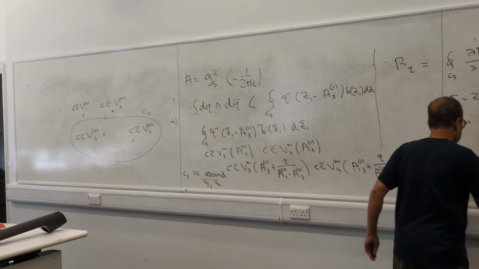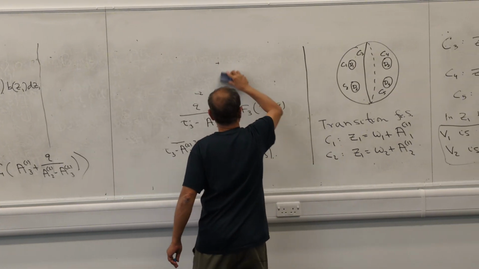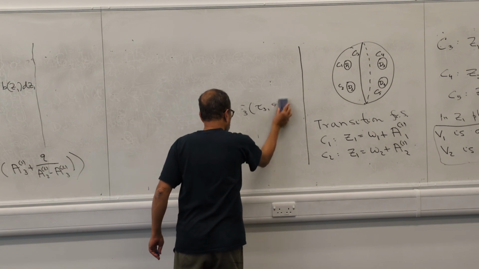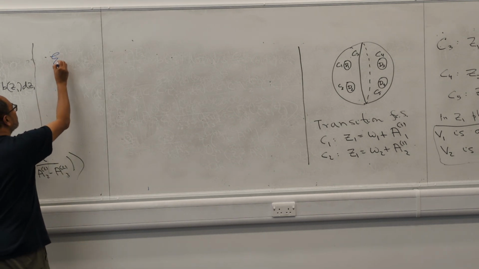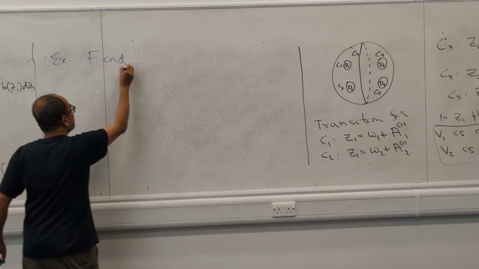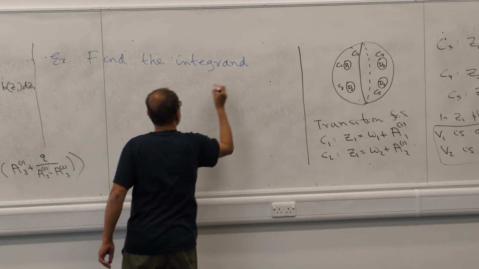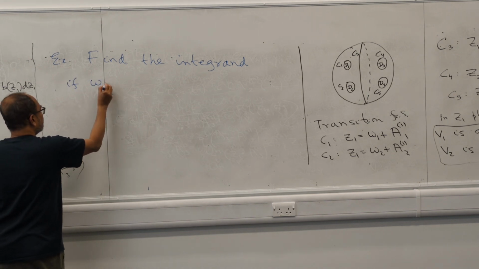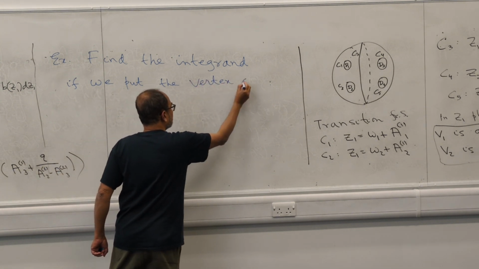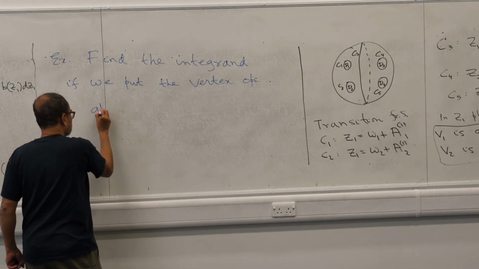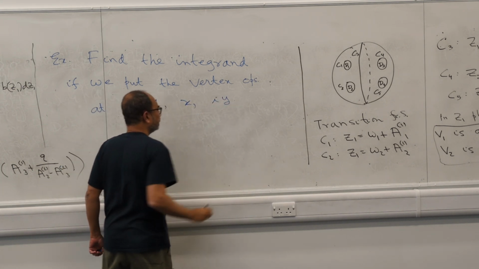Again for the sphere four-point function, find the integrand if we put the vertex operators at 0, 1, x and iy. x and y are real.